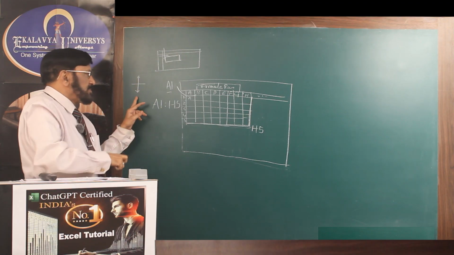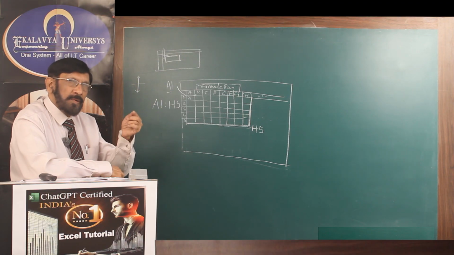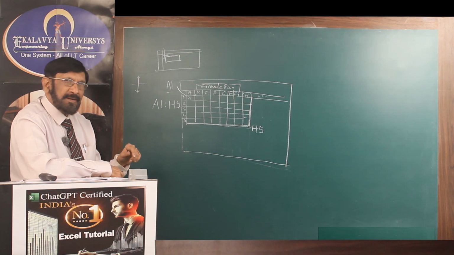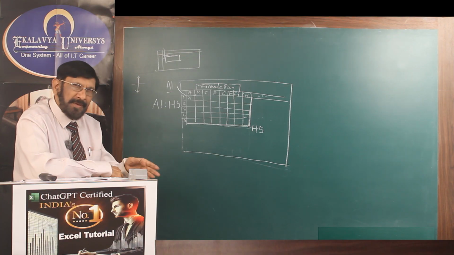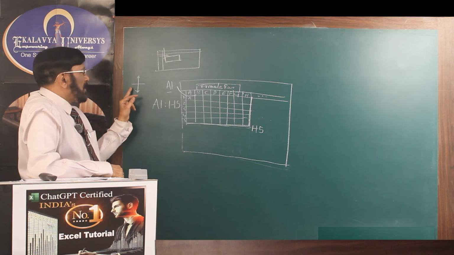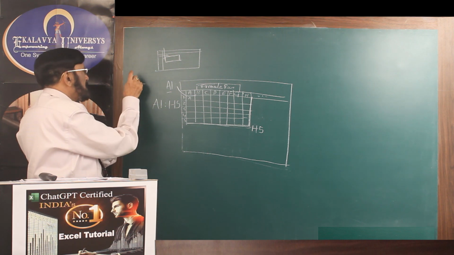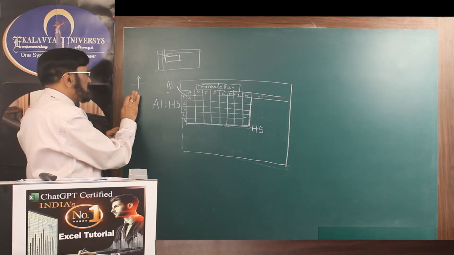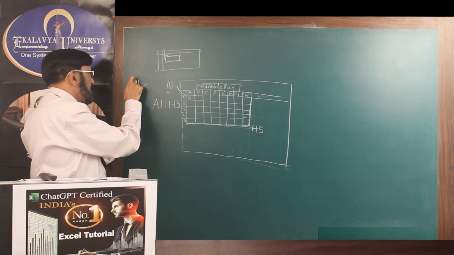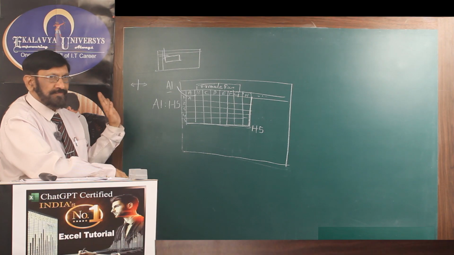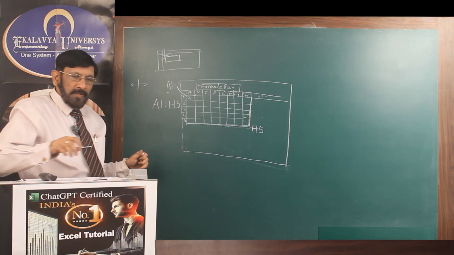This is called the row resize cursor. Just remember that. Nobody will tell you. Use the correct names. So, row resize cursor. This is the column resize cursor. Remember that.